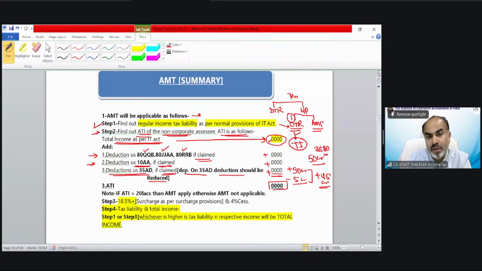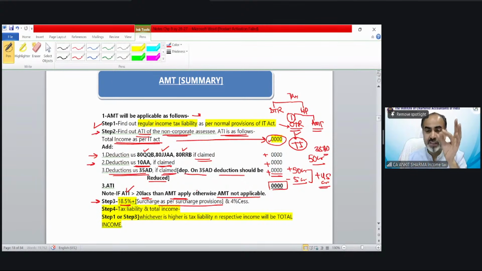Now, the note says if ATI exceeds 20 lakh, then AMT applies, otherwise AMT provision is not applicable in case of an individual. Now, after calculating ATI, step number 2 says apply 18.5% tax, and surcharge as per surcharge provision. What does that mean? If ATI exceeds 50 lakh, then only surcharge is applicable at the rate of 10%.